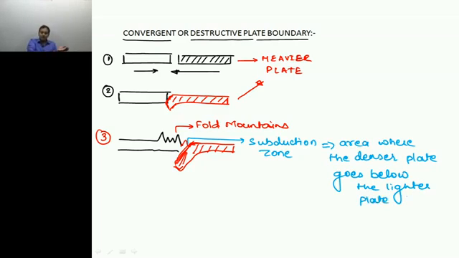The area where the denser plate goes below the lighter plate is represented by the oceanic trenches.